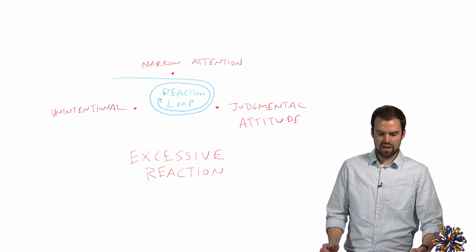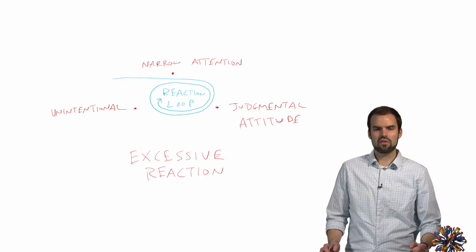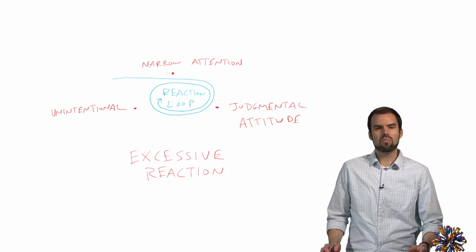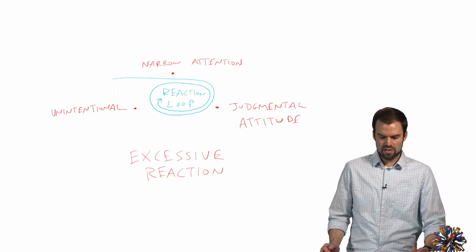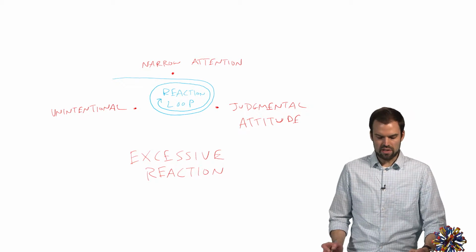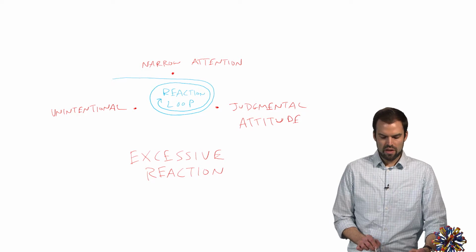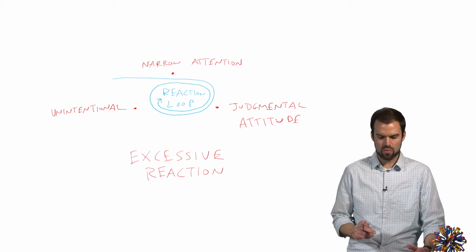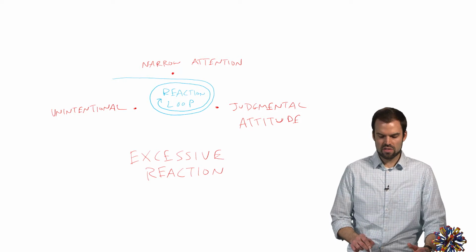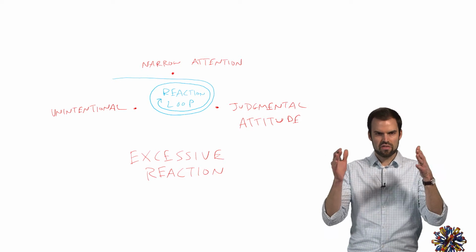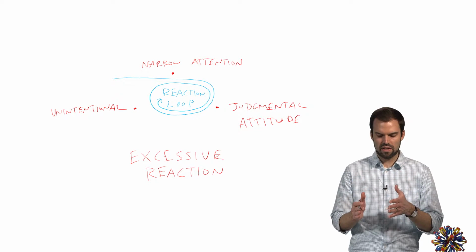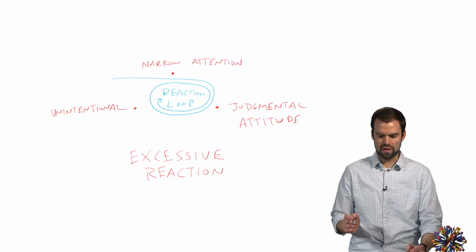So let's take a deeper dive into this reaction loop. And what I've done is I've drawn that same model that we started with before around intention, attention, and attitude, but I've relanguaged it here in terms of a reaction loop. So with this chain reaction process, we start out being unintentional. It just happens. We're not even intending to react, but we do. And once the chain reaction starts, our attention gets very narrow. We start to notice what is going wrong, what's immediately in front of us, what are all the things that aren't working.